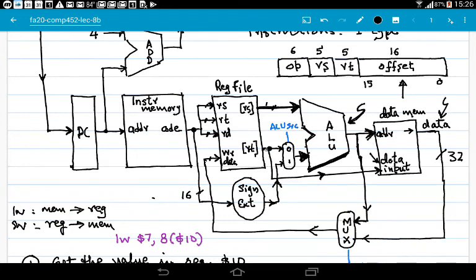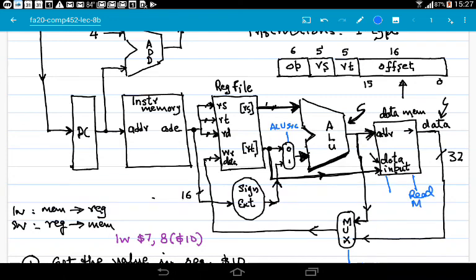So what happens is that you want the value of RT to go to the data input port of data memory, and since you want to write data into data memory, you assert the write mem signal. So read mem and write mem signals will appear here. There will be one read mem signal and one write mem.